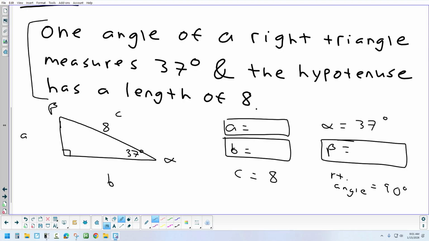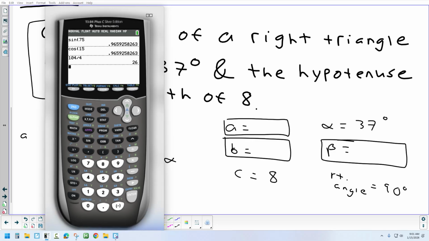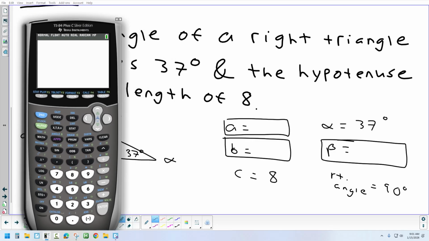Okay, what could we find first here? And you wouldn't really even need to use any trig to do it. You could just rely on maybe something you know from geometry. Yeah? You can find beta. Right, we can find beta. How would you get that? You do 180 minus 90 and minus 37. Anyone think of an even simpler way to do it?